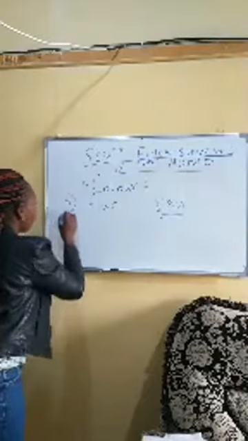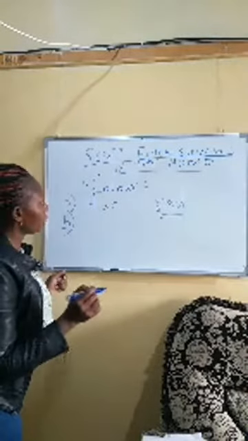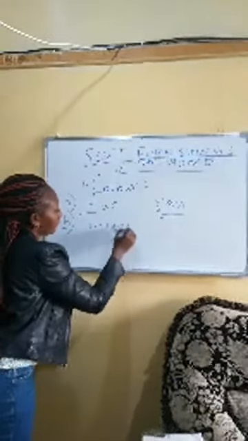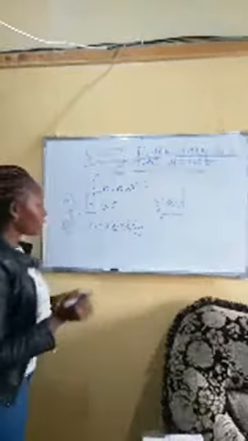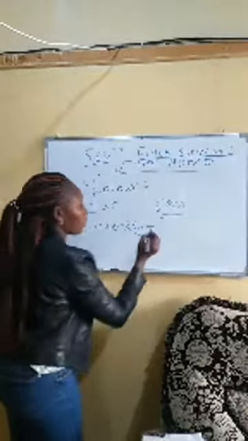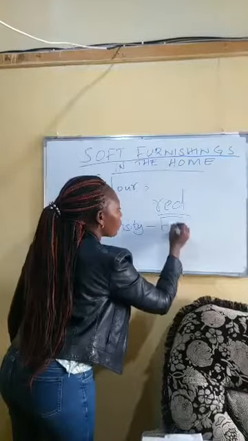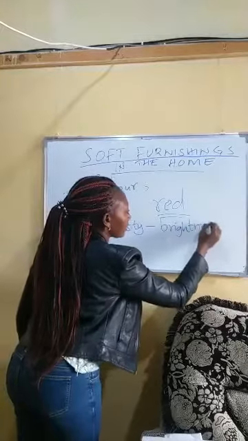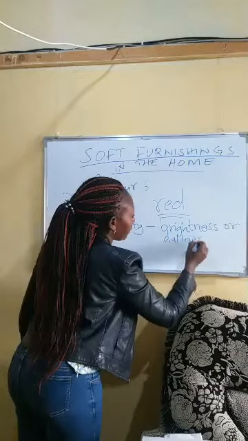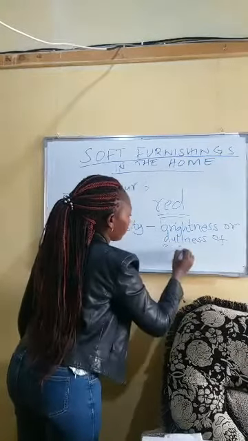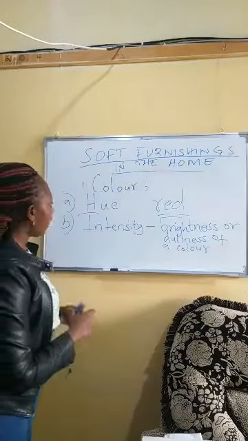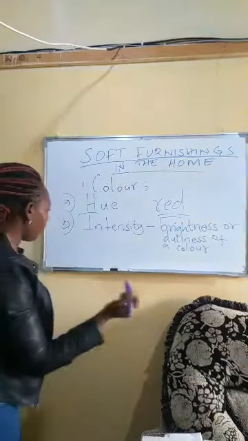Then another term that you should be aware of is intensity. Intensity, in terms of color, means the quality of brightness or dullness of a color. I'll give an example of one color. We have blue.